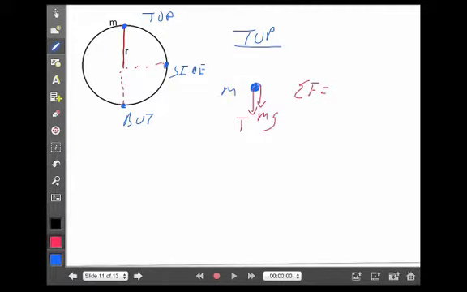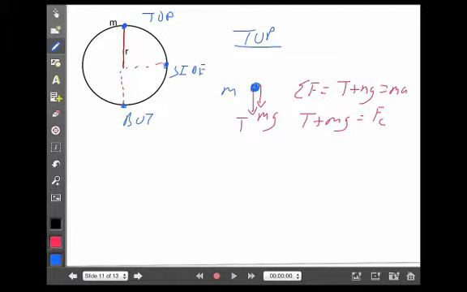So the sum of the forces would be the tension plus mg, because they're acting together. Now, that should equal ma, right? But notice what direction both of those are pointing if we consider the circle. They're both pointing towards the center, which means if they both act to the center, we consider them both to be a centripetal force.